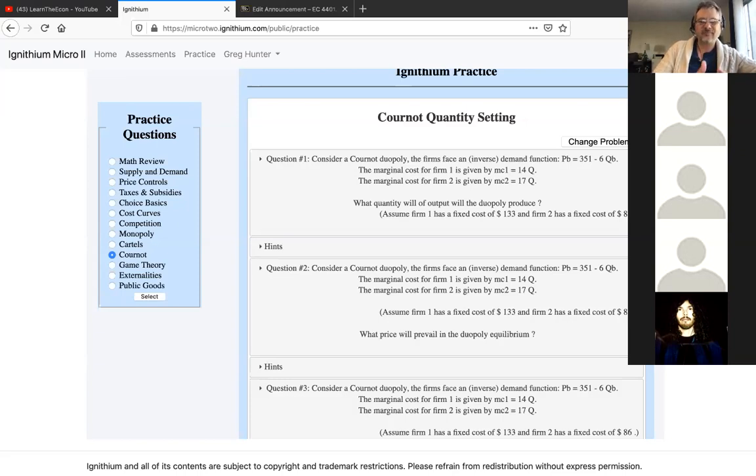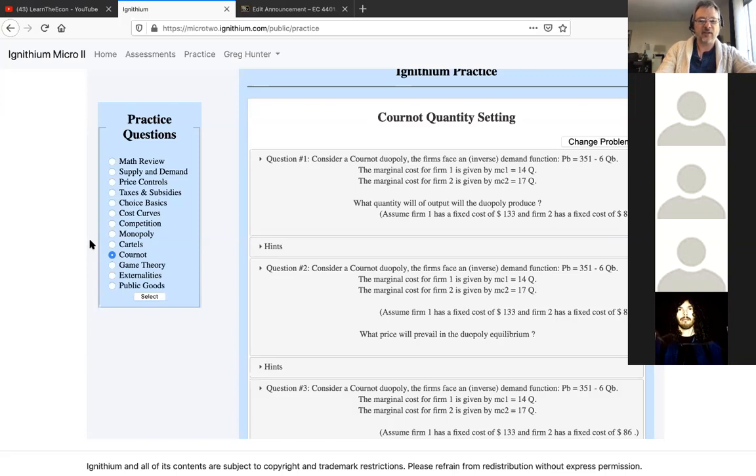So you can see really the whole work here is in formulating the residual demand, and I'll just put PR2. This is the residual demand for firm 2.